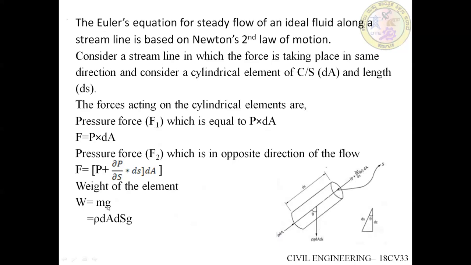One more force is acting, that is the weight of the fluid element, which can be taken as mass into acceleration due to gravity. This mass can be replaced by density into volume, and the volume can be replaced by area into length of the fluid element. So we get weight as rho into dA into ds into g.